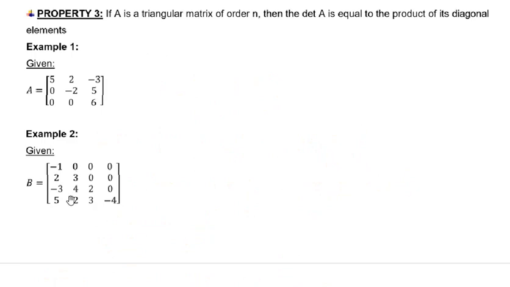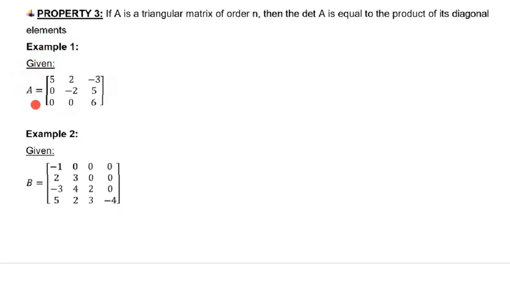We have here property 3. So if A is a triangular matrix of order n, then the determinant of A is equal to the product of its diagonal elements. So we have here an example.